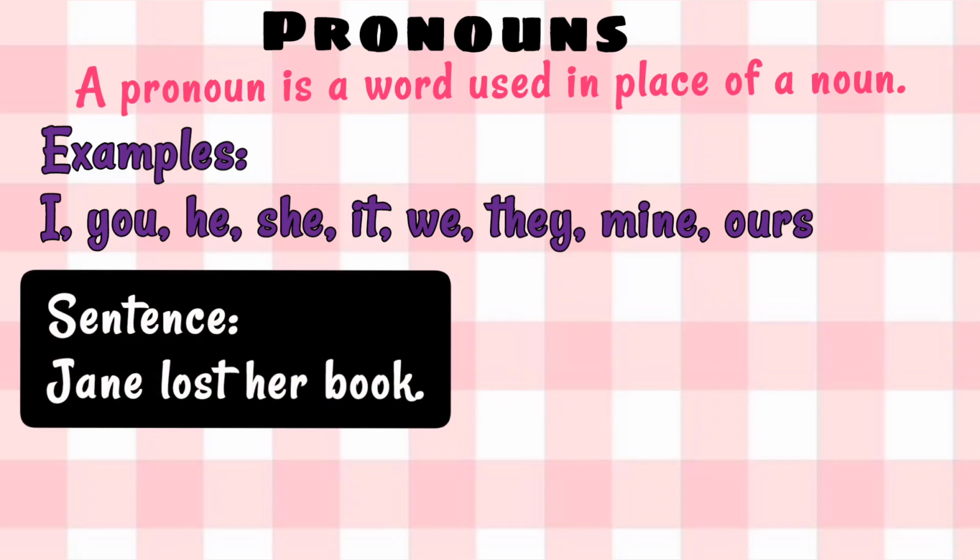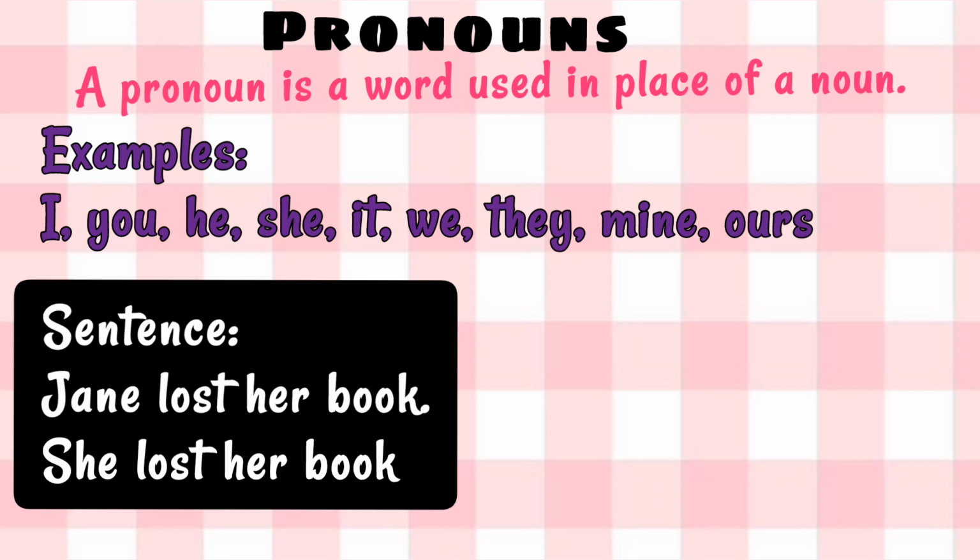Let's talk about it in a sentence. Jane lost her book. In that sentence, Jane is our noun and book is also a noun. We can replace the word Jane with the pronoun she to make the sentence she lost her book. We can also replace the word book with the pronoun it to make the sentence she lost it.